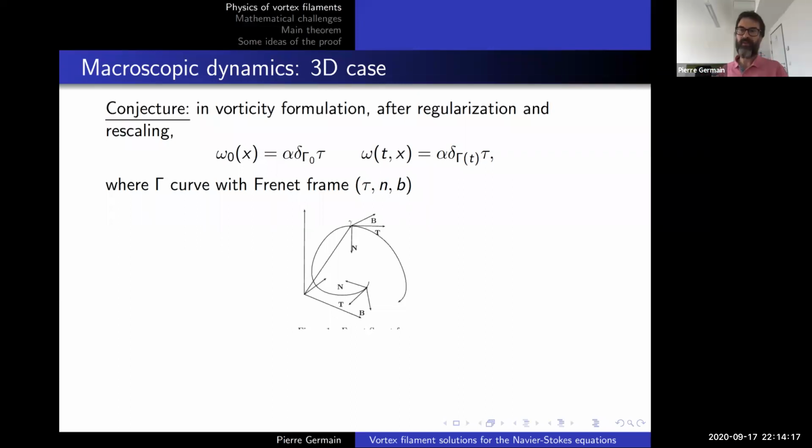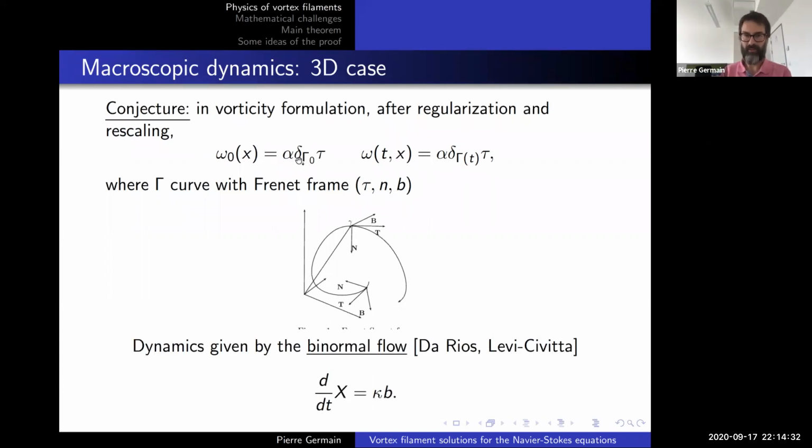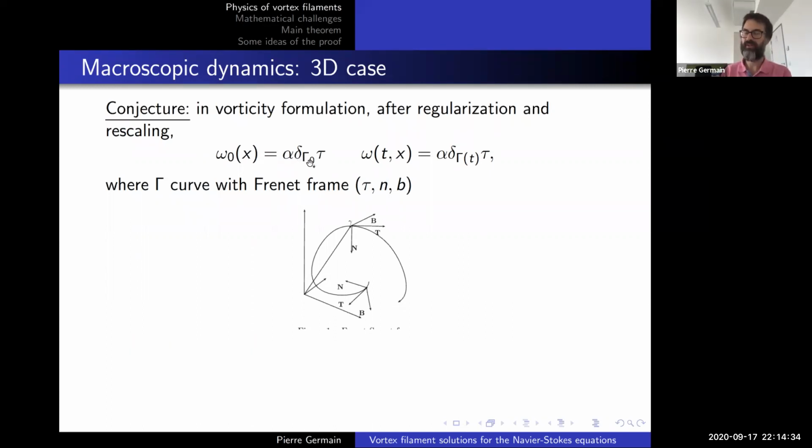So first, what sort of data do you put? So the data is omega naught here. So you see, gamma naught is a smooth curve. You put a delta function on this curve, so it's just a superficial measure. Alpha is sort of the strength of the vorticity, and tau is the tangent to the curve gamma naught.